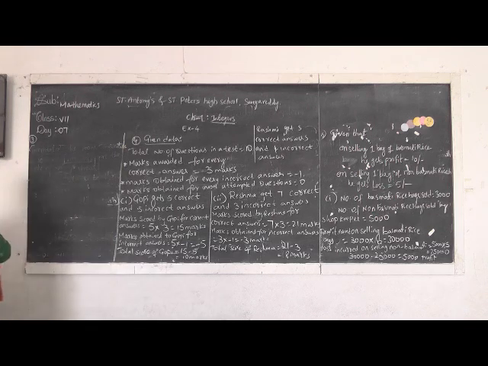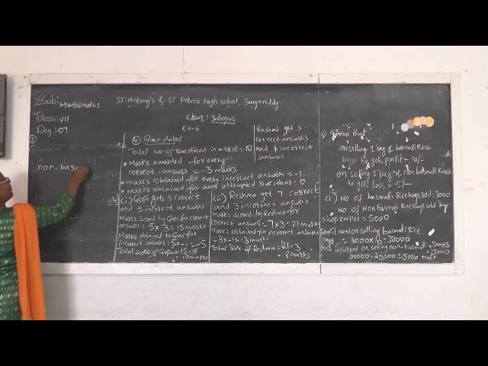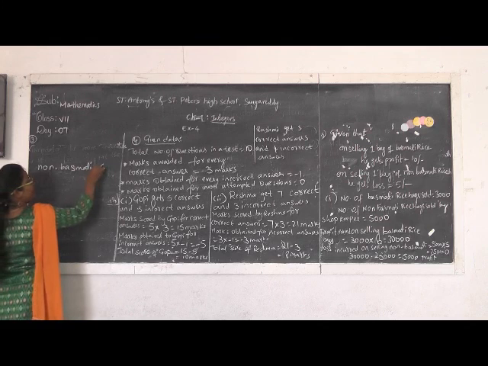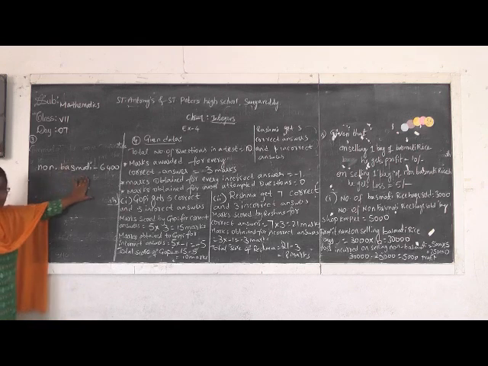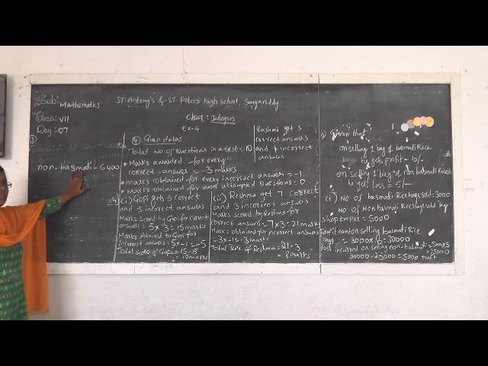Here it was given that he will sell non-basmati rice, a total of 6,400 bags. To balance this loss, how many bags of basmati rice he has to sell, that we have to find.